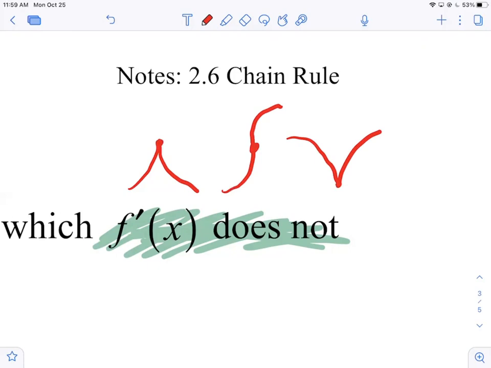The middle one doesn't exist because the slope is what? It doesn't, it's vertical, it's infinity, right? Now, notice that 2 of these are actually local extrema. We have a local max and a local min. So where the derivative fails to exist can also possibly be the location of a local max or min. Okay, that's why we do that.